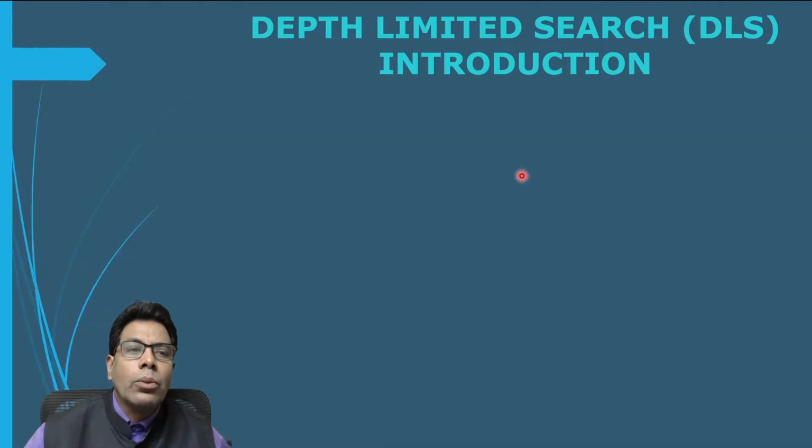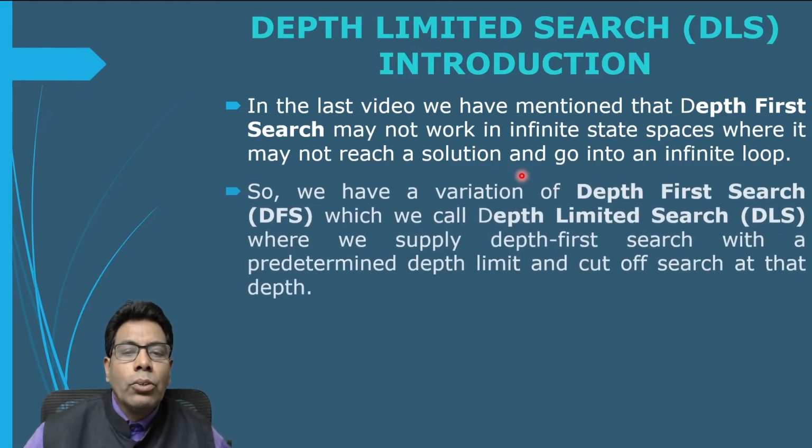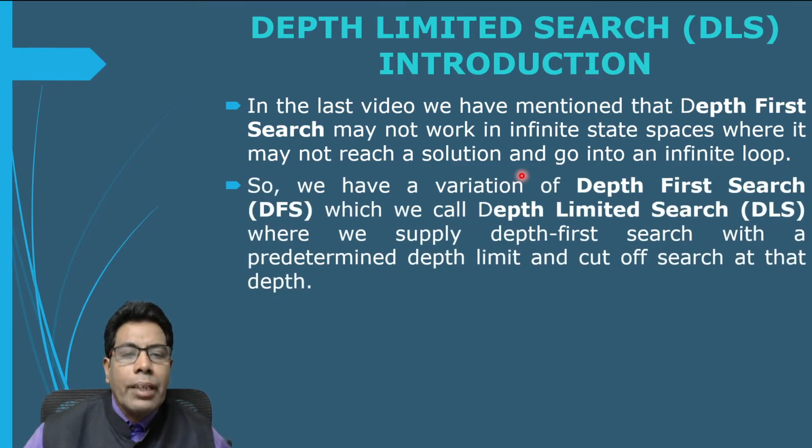Now let us go to the depth limited search introduction. As we have already discussed, depth first search may not work in infinite state space, where it may not reach a solution and go into an infinite loop. So for that we have a variation of depth first search called depth limited search, or DLS, where we supply the depth first search with a predetermined depth limit and cut off the search at that depth.